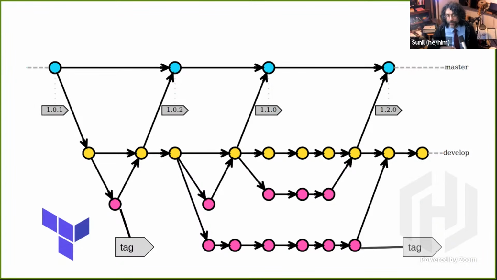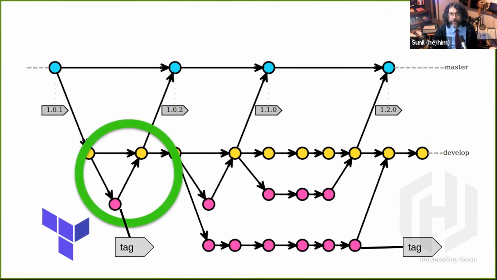Going back to our whole Git tree here. Again, in a simple operation, if we're doing a merge from a PR on a small, short-lived feature branch, like is seen in this green circle, it's not a big deal. The speculative merge is the same as what would eventually be the consequence of the merge.